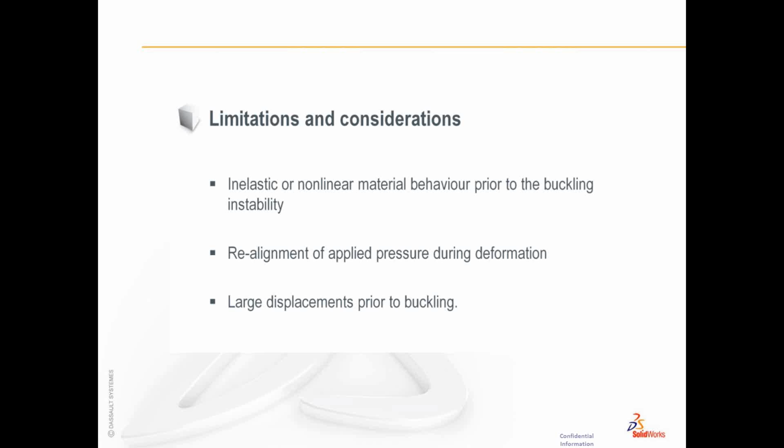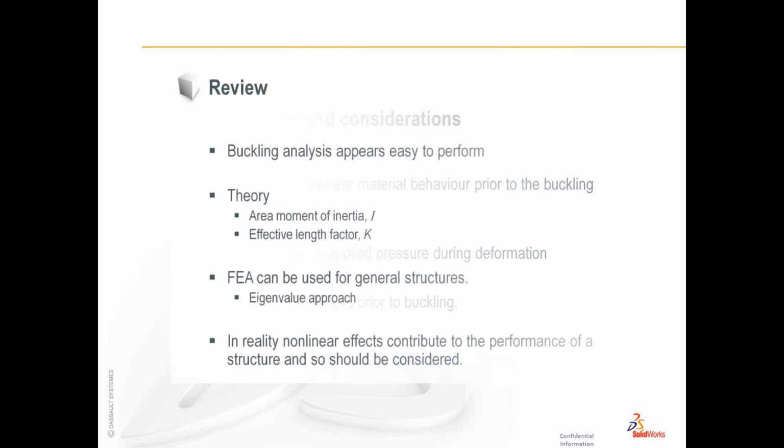Also, if the load direction or magnitude changes during the analysis, that's also a no-go for a linear study, because the linear study is assuming that the conditions at the beginning of the study are the same conditions at the end of the study. Not only stiffness, but also load, magnitude, and direction. And then any large displacements. We touched on that earlier. If there are large displacements in the structure before buckling, then you'd really need a nonlinear study to begin with.